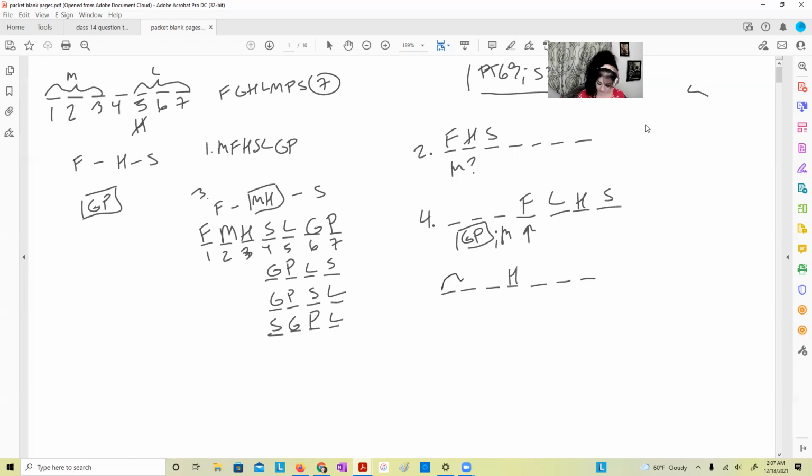So over here, we would need to have F and M at the very least, because M needs to be in the first three, and F needs to be before H. And then after H, we would need to have S over here. We need to have L over here. So kind of in our first half, we need F and M. In the last half, we need S and L. And then we have a GP block. We have nowhere to put it. There is no space. So H is the problem child. And that is answer choice number C. So number 4 is C.